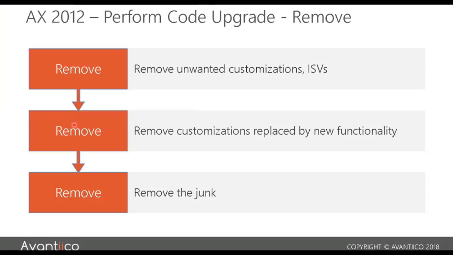So again, if we do the code upgrade, what are our options? How do we do it? We always first upgrade the code and then we upgrade the data. So we would pull out our ISV solutions or anything we don't need, and maybe you can remove your new functionality, customizations are replaced for new functionality, remove the junk, and then now you have a smaller model store, you could then upload that to LCS for the upgrade.